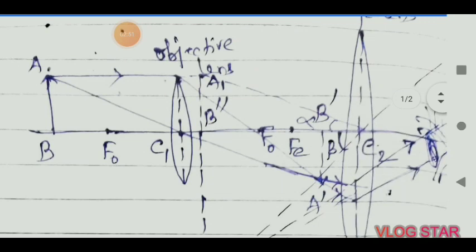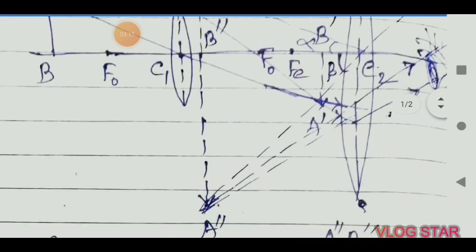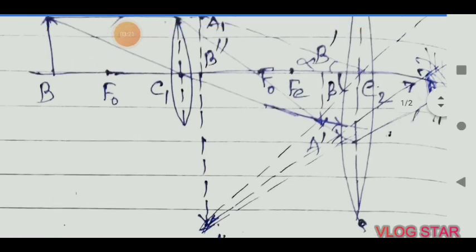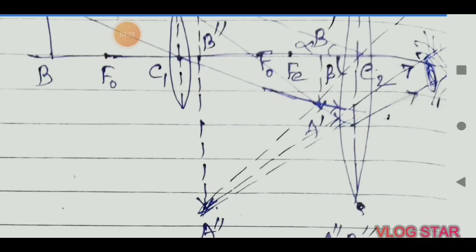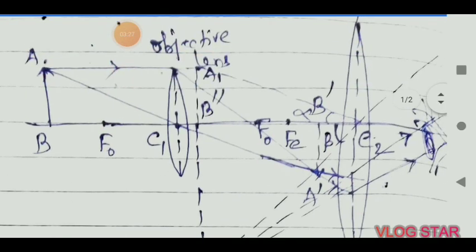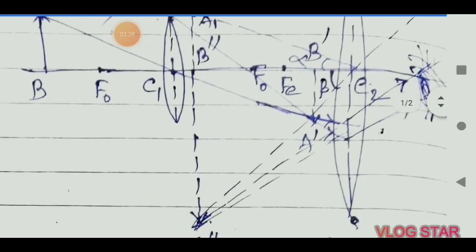So you see that A double dash B double dash is the image formed of object A dash B dash. In that combination the object has been magnified two times, one by the objective lens and second by the eyepiece. So the object will be magnified to a large extent. You also see that A double dash B double dash is inverted with respect to object AB, and virtual and erect with respect to A dash B dash, as you are seeing here.